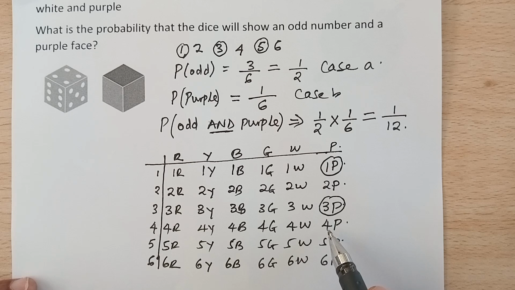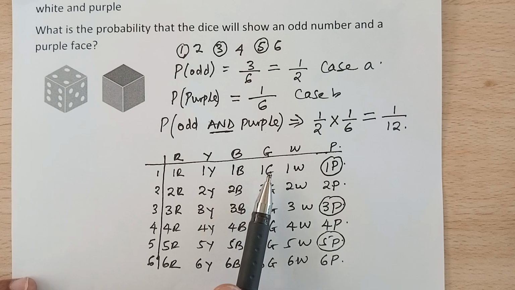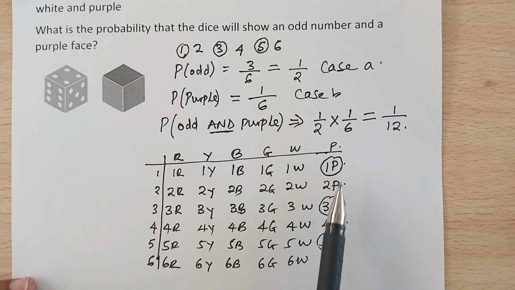Is 4 an odd number? No. Even if this die shows a purple, this outcome is not acceptable simply because 4 is not odd. But 5P is acceptable because 5 is odd, and 6P is not acceptable. So these are the only acceptable outcomes out of the total of 6 times 6.